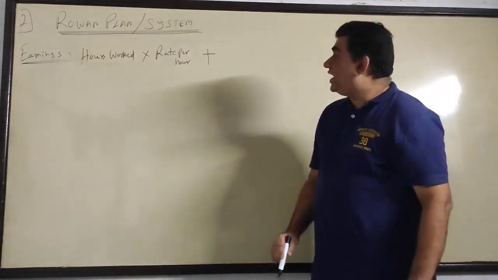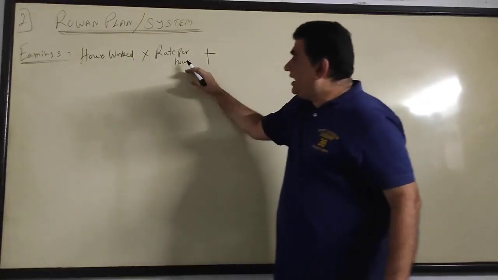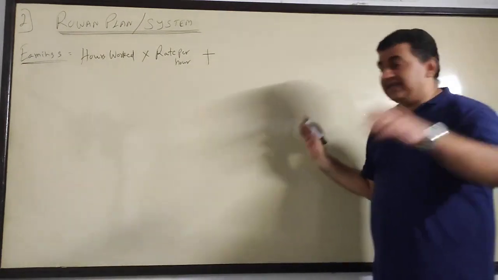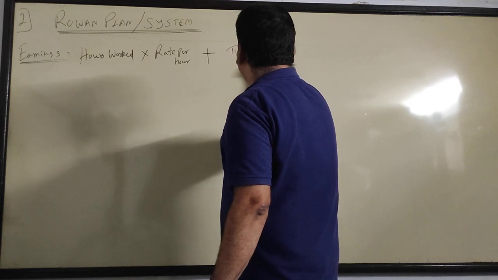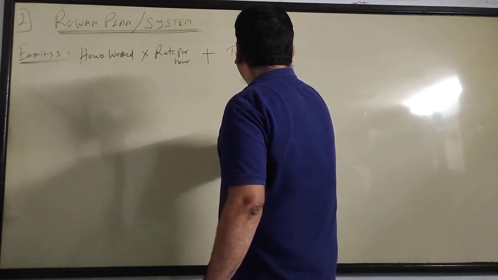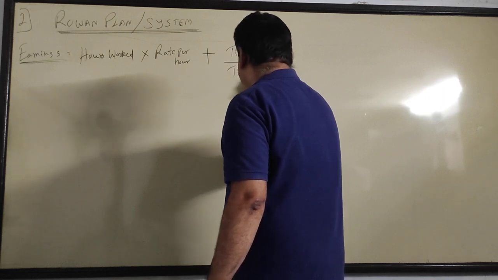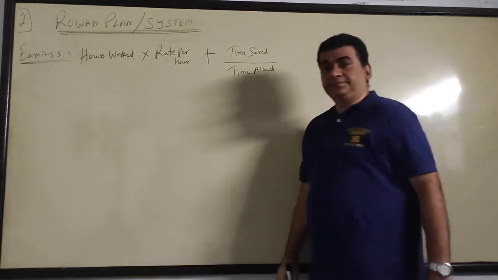But I'll go as per the formula. So this will be plus, this is normal. Now the second half of the formula is based on the incentive plan, that is time saved in proportion to time allowed.